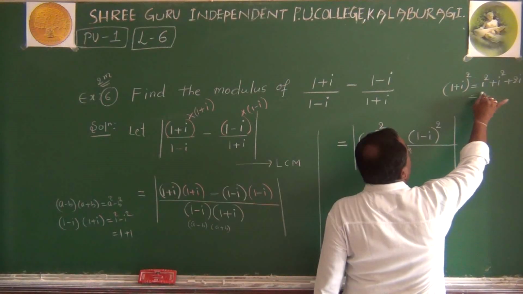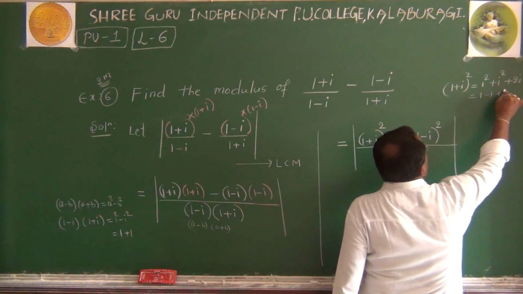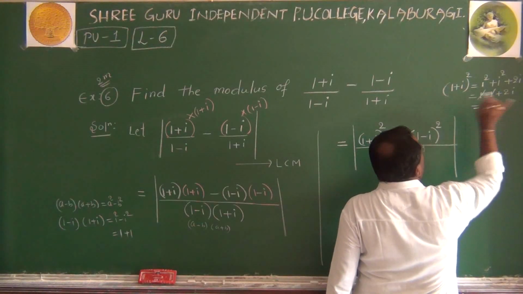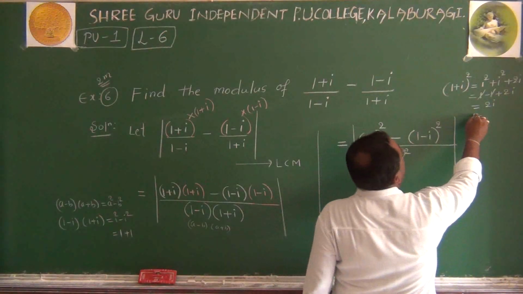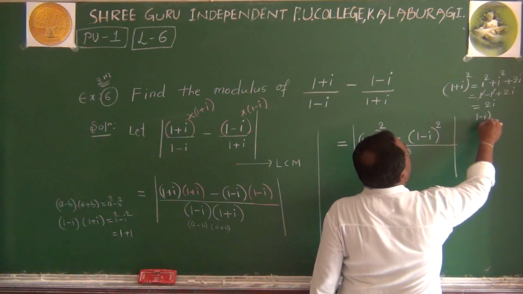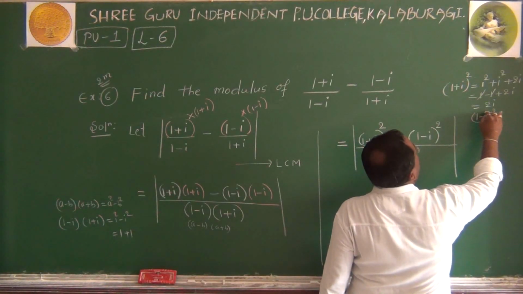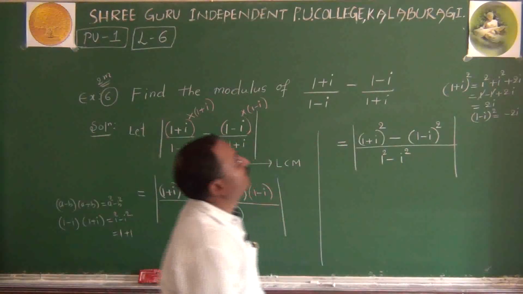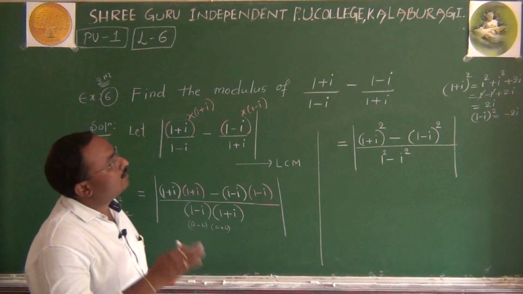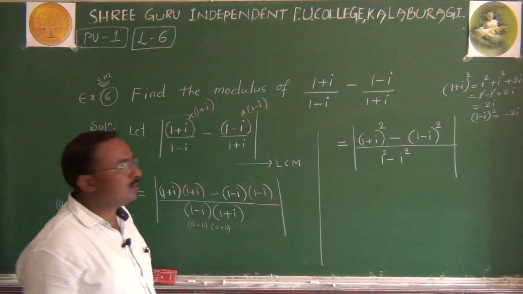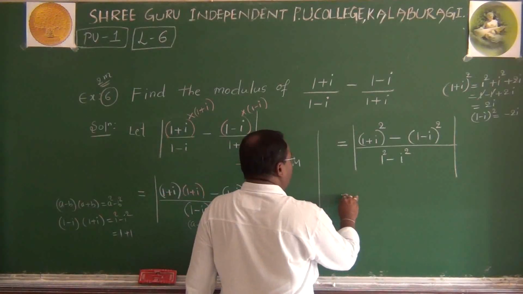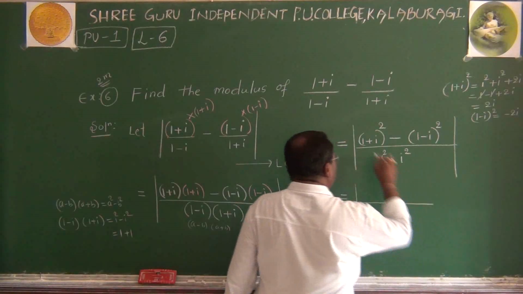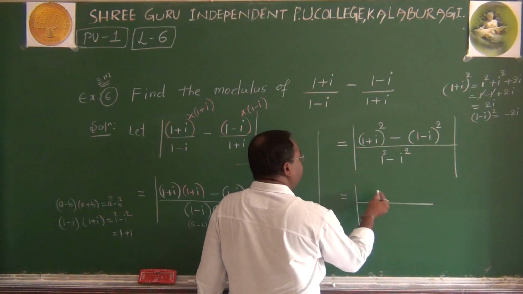Here the i square value is minus 1, so (1 plus i) whole square is plus 2i, and (1 minus i) whole square value is minus 2i.